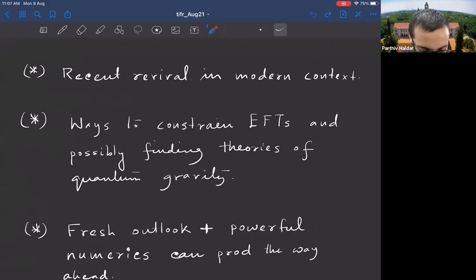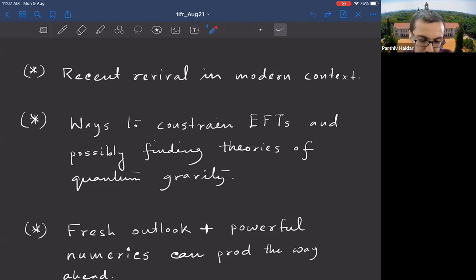And it is, of course, aided by strong numerics, but recently the analytics is also getting revived, very recently in the context of effective field theories, and also possibly constraining the theories of quantum gravity. So instead of looking at the UV part, rather trying to locate the quantum gravity theories by looking at the low energy part of the theory.